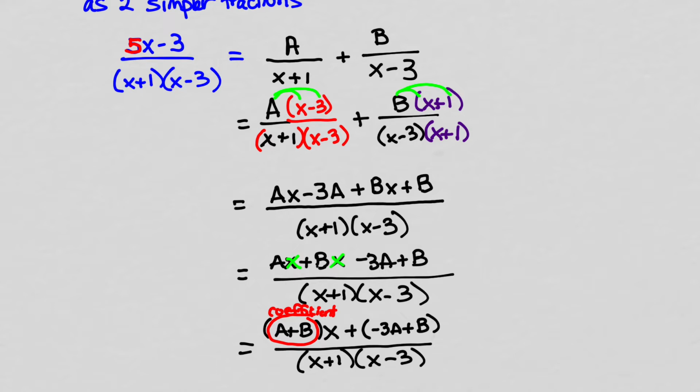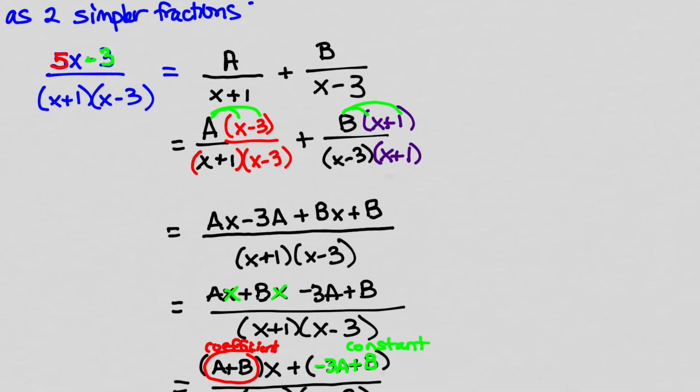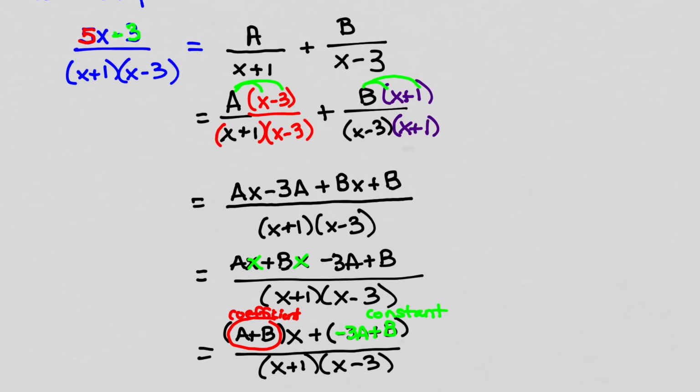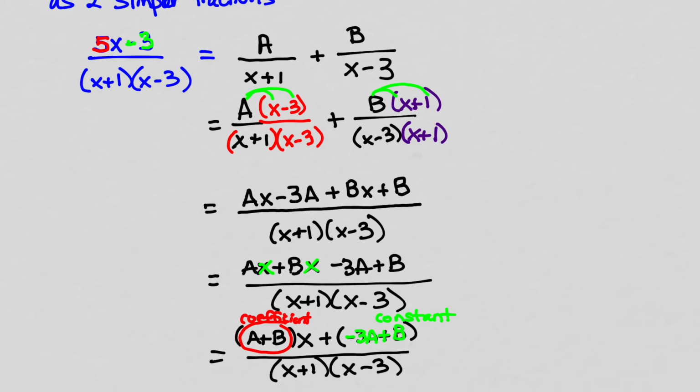And then the second part, the minus 3A plus B, well, that guy's my constant. Do you see how he's just a constant term? He's just the term that doesn't have any X's. And that's my constant term right there, minus 3. And so what I do now is I set up 2 systems of equations that relate those 2 facts together.